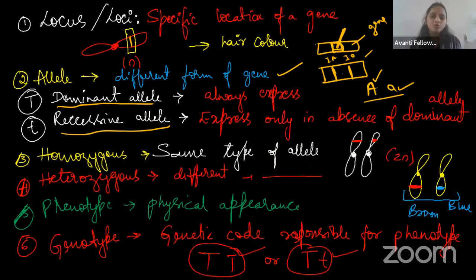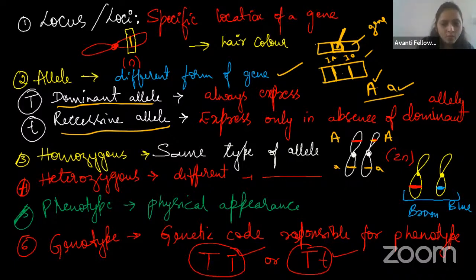Let us go to homozygous and heterozygous. You all know this: if the same type of alleles are there. For example, guys, these are the chromosomes, okay? See here, in this chromosome it has capital A and here also it has capital A. Both are capital A. Or if you take small a here and small a here, okay? That condition we call homozygous.